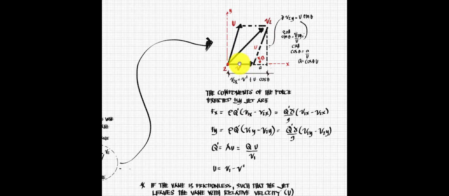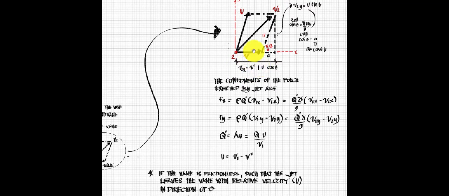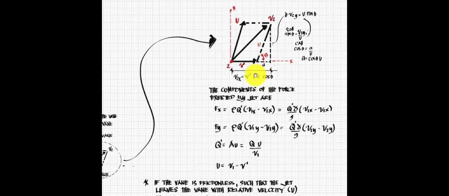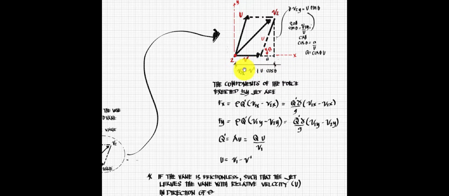Then we have also the v1 prime, which is the velocity of the vane. Okay, so for the horizontal component of the velocity at point 2, we have v2x. Again, we have your v1 prime, then plus the u cosine of theta, so that will be summing up the value of v2x, the x component.